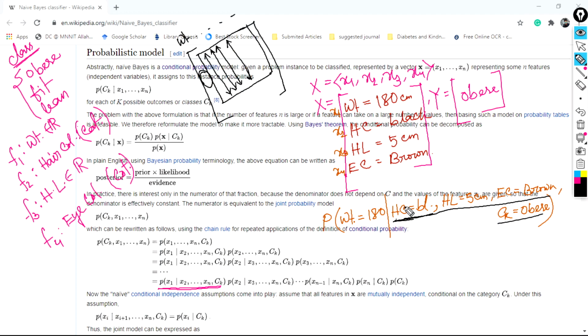So to avoid this shortage of identical data, we make some assumptions.